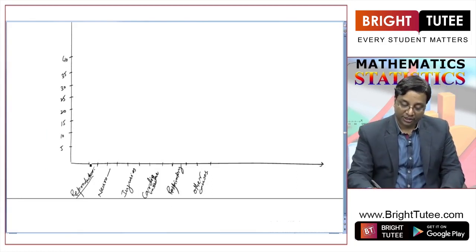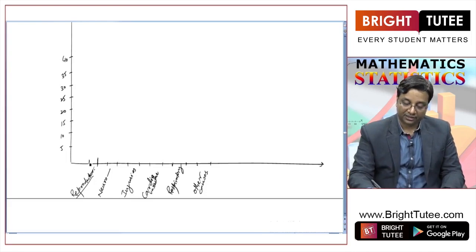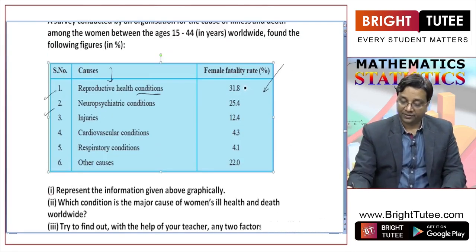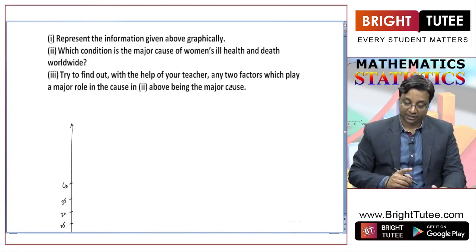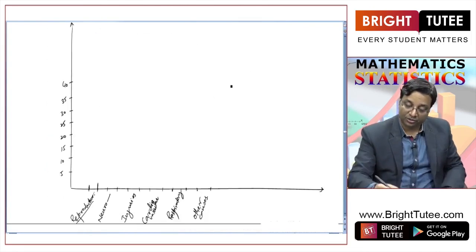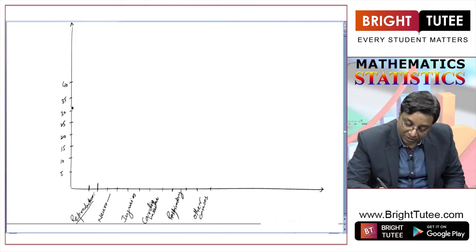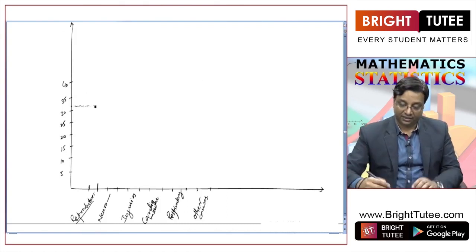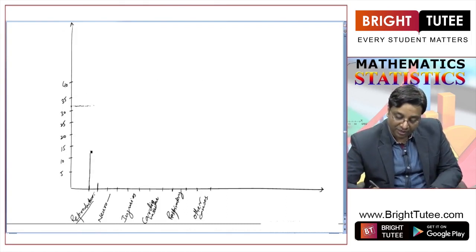Corresponding to reproductive health conditions, what should be the height? The percentage that we want to represent here is 31.8. So the height should correspond to 31.8, which is approximately here. So this should be the height of the bar corresponding to reproductive health conditions. So let me draw this bar here.